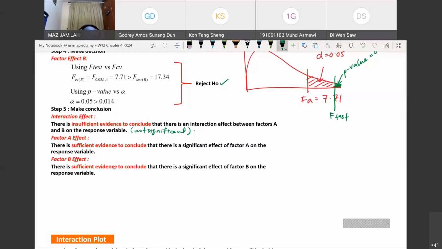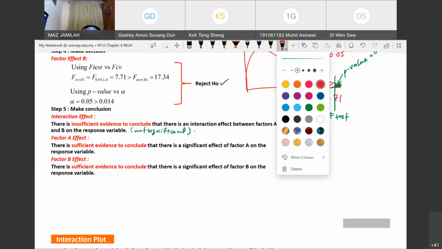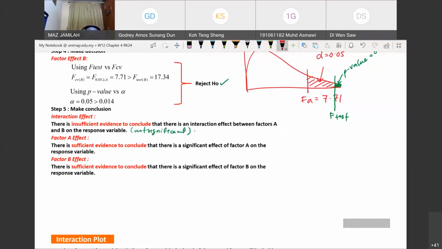significant. So the way we make the conclusion would be: there is sufficient evidence to conclude that there is a significant effect of factor A on the response variable. Now, class, please make sure that the phrase sufficient evidence to conclude there is a significant effect of factor A on the response variable is the keyword for your conclusion.